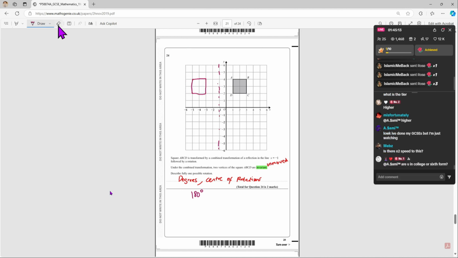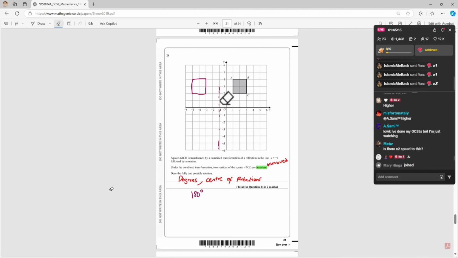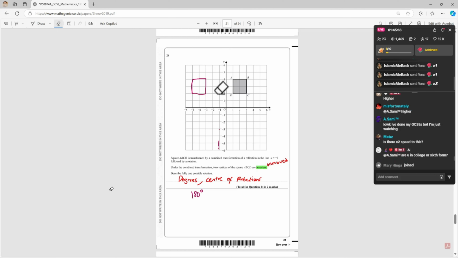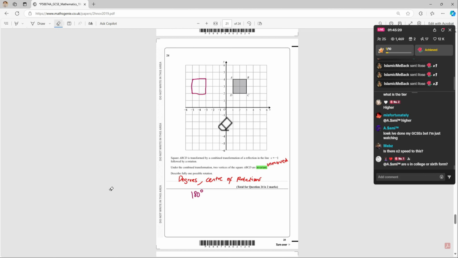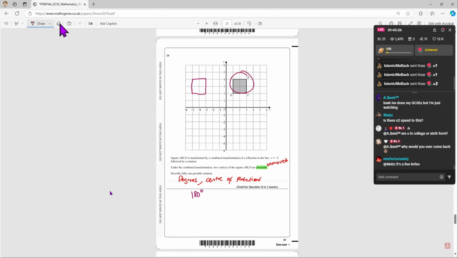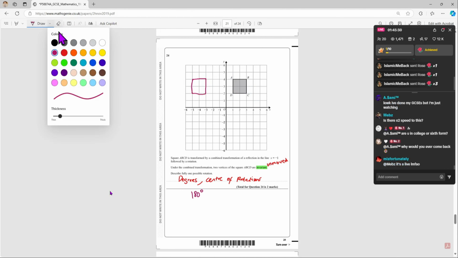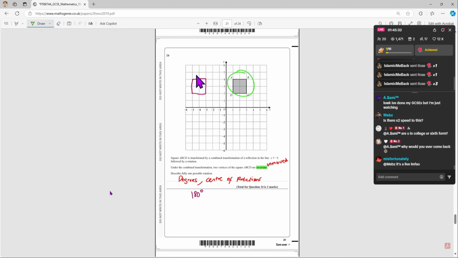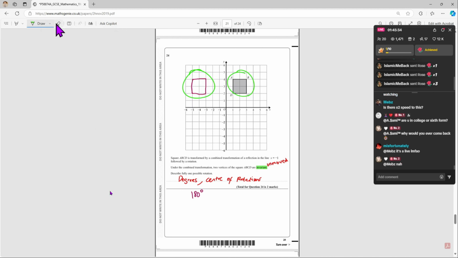We have to work out the center of rotation that goes from this shape to this shape.